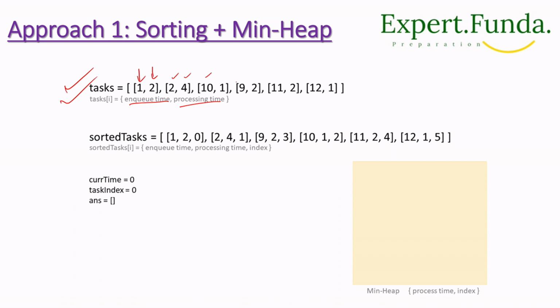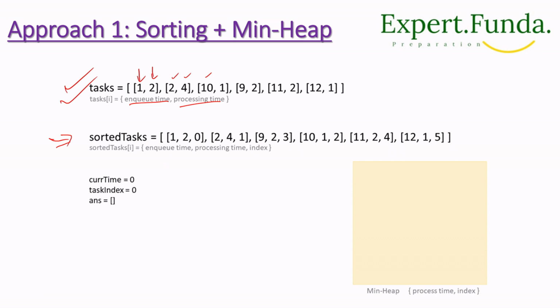So now what we have to do? After sorting the tasks, we can create a list of tasks available at the current time, that is, tasks whose enqueue time is less than or equal to the current time.